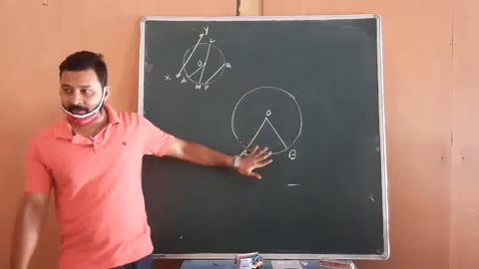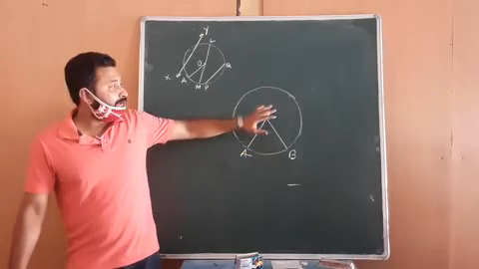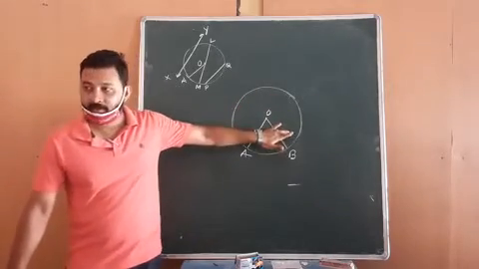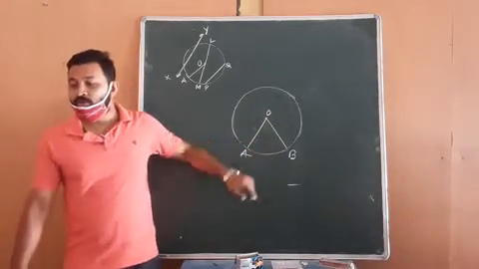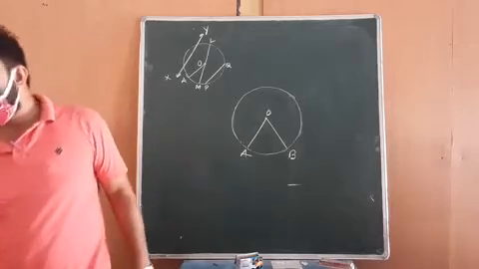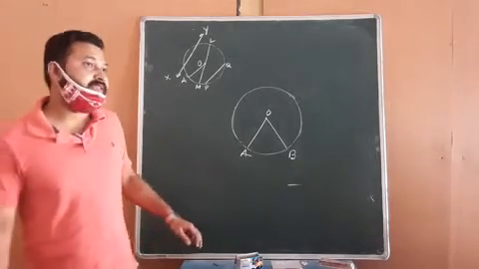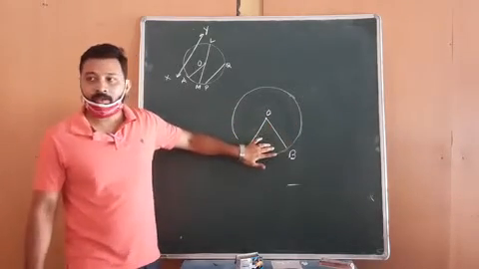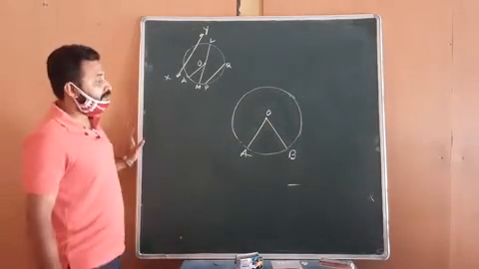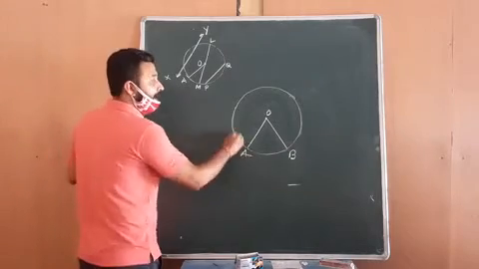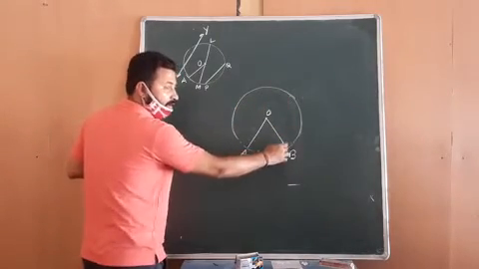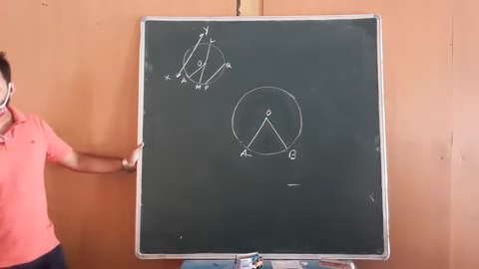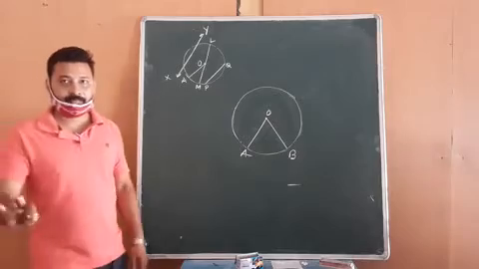These two radii divide the circle again into two parts, and each part is called a sector of the circle. This is called the major sector, and this is called the minor sector. The region bounded between an arc and two radii of a circle is called a sector.